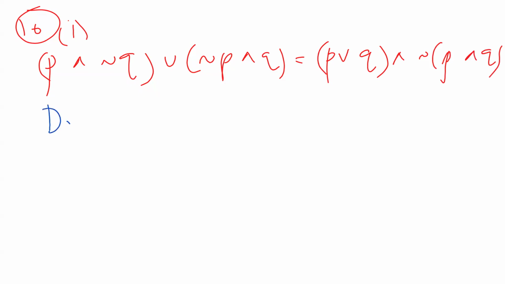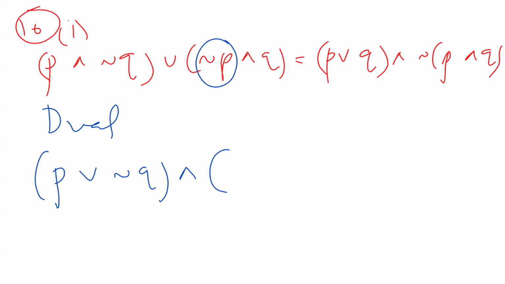I'll write down the dual: and changes to or, negation remains the same, or changes to and, negation remains the same, and changes to or.